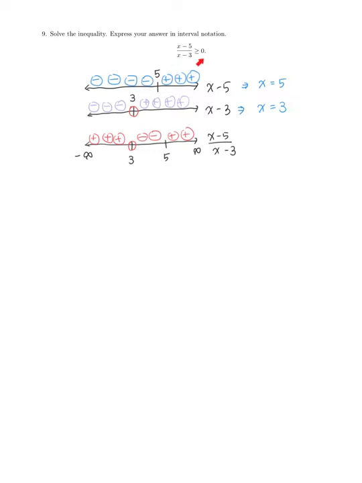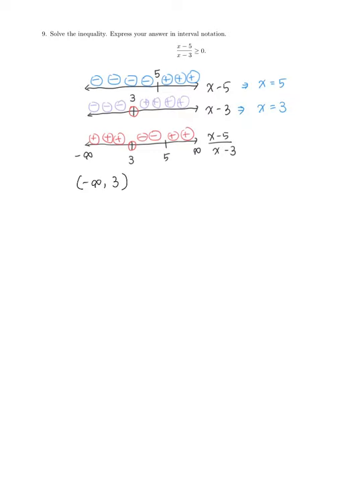Okay, now let's go back to the question. This is basically telling us to find where x minus 5 over x minus 3 is positive. So which region is that? Well, to me, that will be this region from negative infinity to 3. Do not include 3. That's the reason why I have an open circle around the 3.